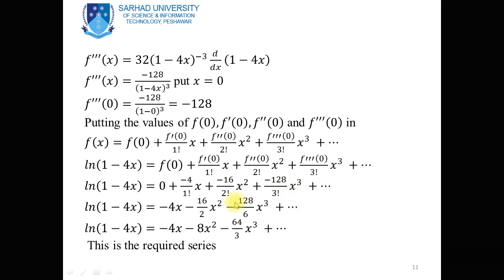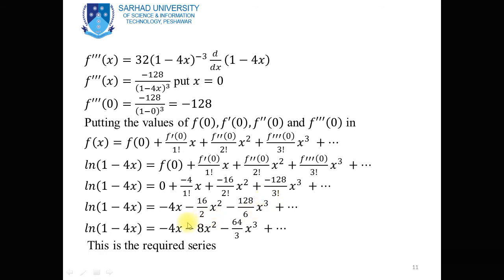Now after simplification, we obtain the Maclaurin series for the function log of 1 minus 4x is equal to minus 4x minus 16 divided by 2 into x square minus 128 divided by 6 into x cube. Actually 2 factorial is equal to 2 multiplied by 1, so 2 multiplied by 1 is again equal to 2, and 3 factorial means 3 times 2 times 1, which is equal to 6.